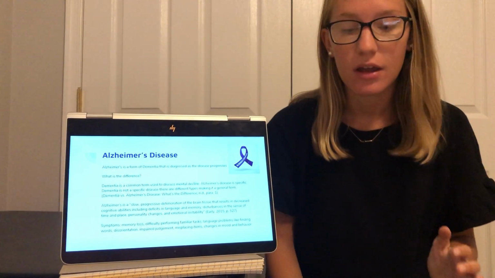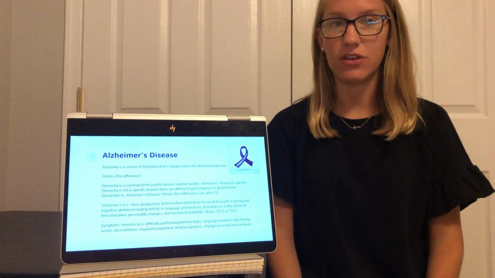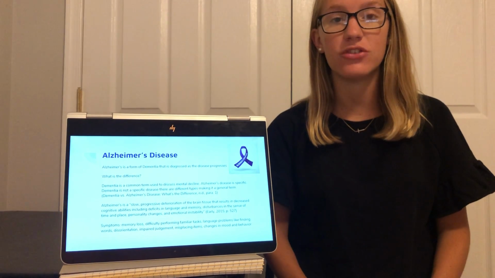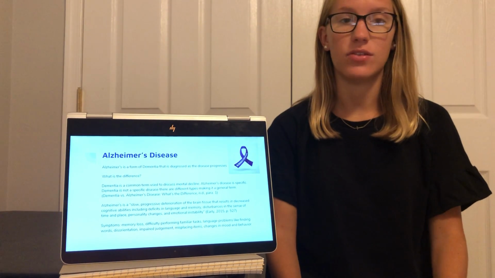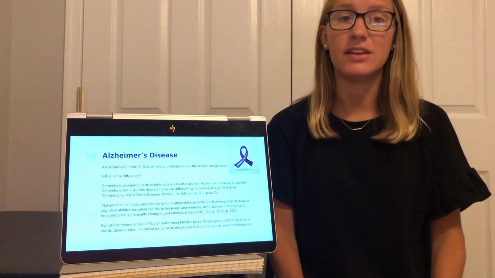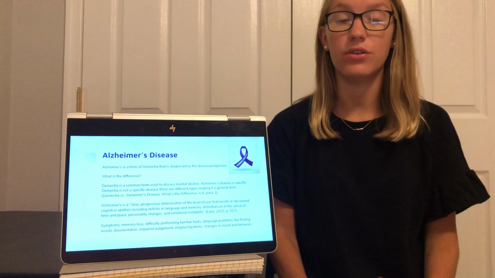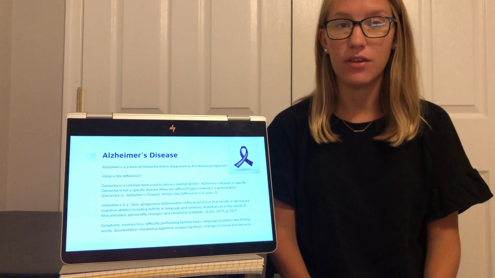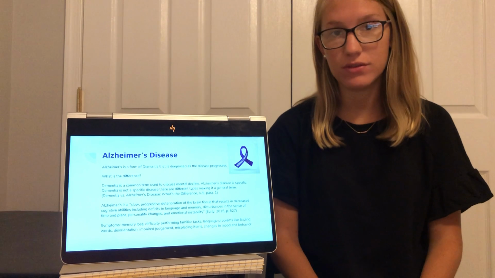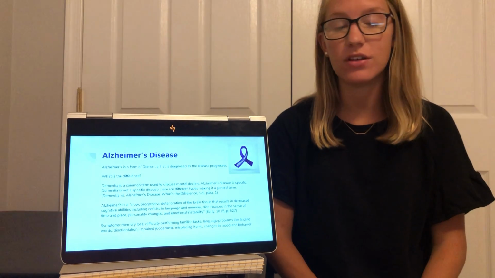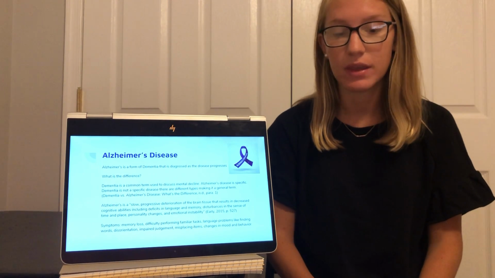Alzheimer's is different than dementia, like I mentioned. Alzheimer's is a specific form of dementia, so it is considered a disease, whereas dementia is a general term to describe mental decline. Alzheimer's is a slow, progressive deterioration of the brain that results in decreased cognitive abilities.